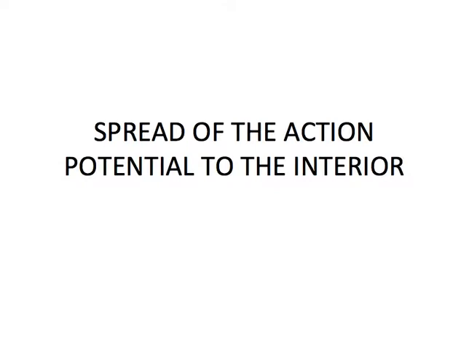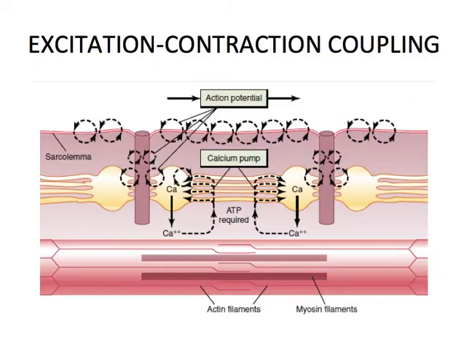When the T tubule receives the action potentials, there is a release of calcium ions inside the muscle fiber cells, and these calcium ions cause contraction. This overall process is called excitation contraction coupling.